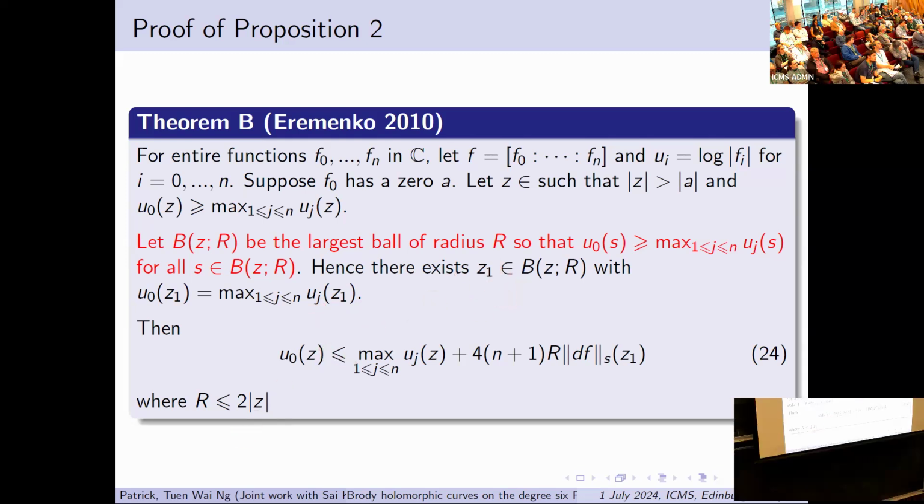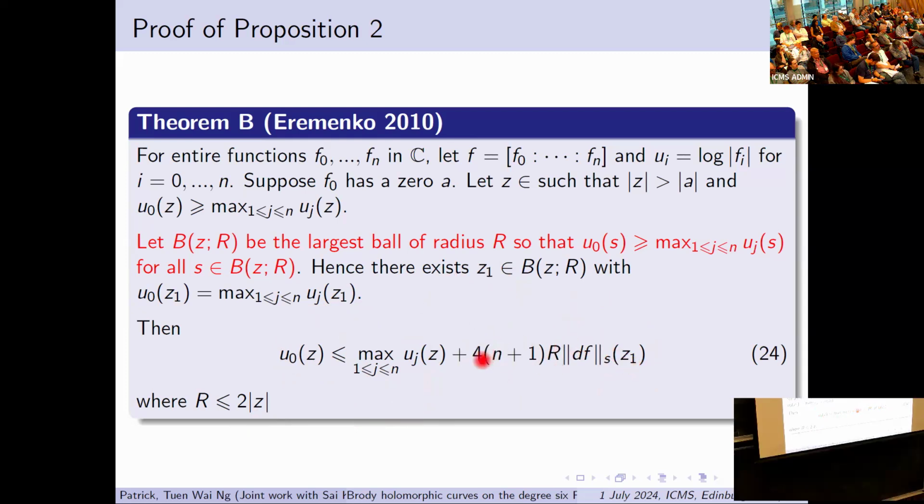Now for this particular boundary point, you have the inequality in the reverse direction. So now you can have u_0 bounded above by the maximum. However, you need to add some extra term here, which is given by the spherical derivative of f evaluated at z_1, with a factor.